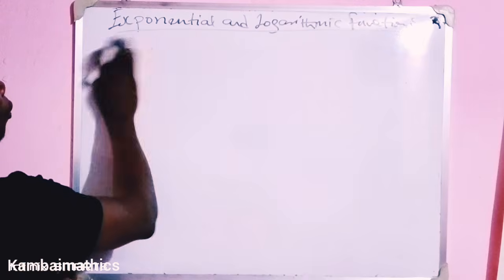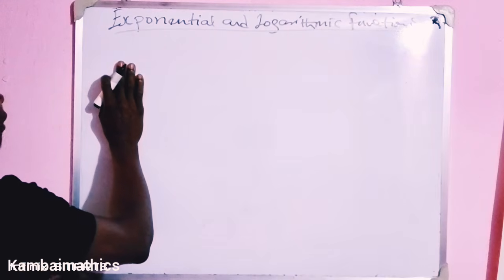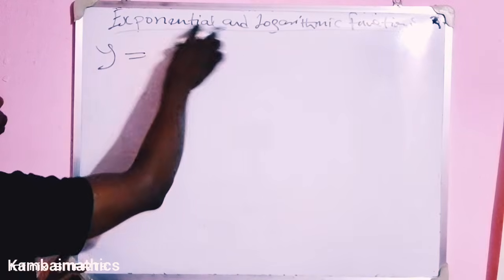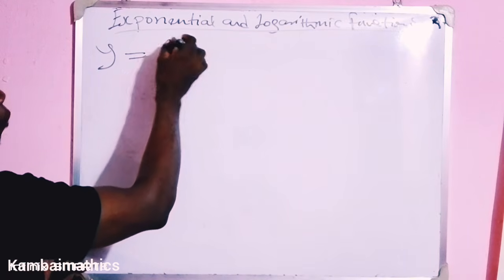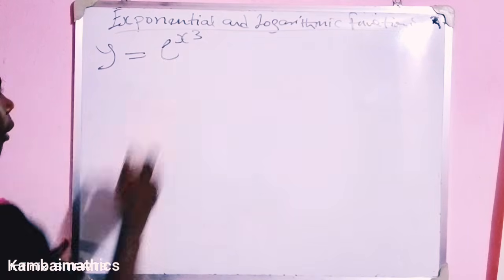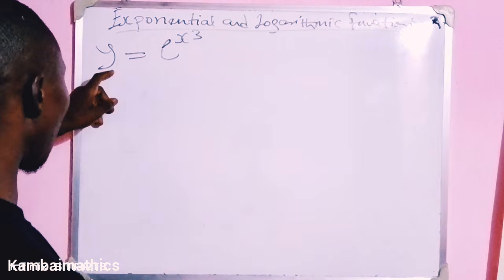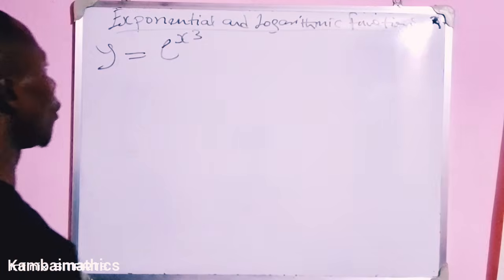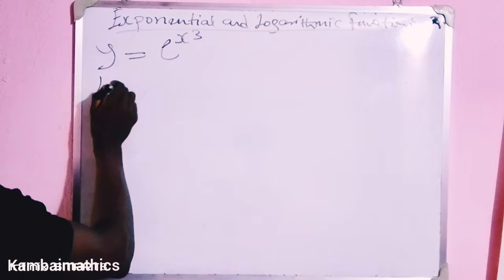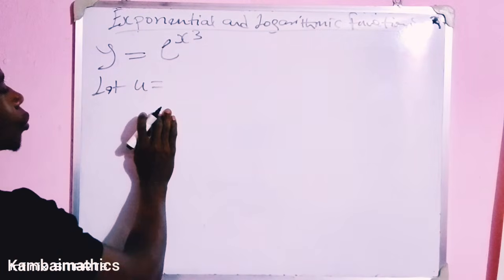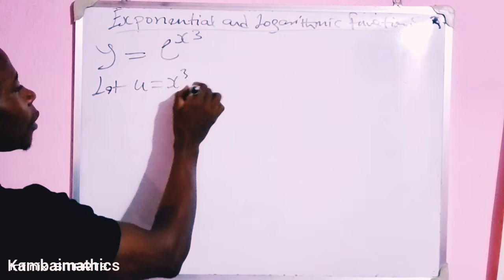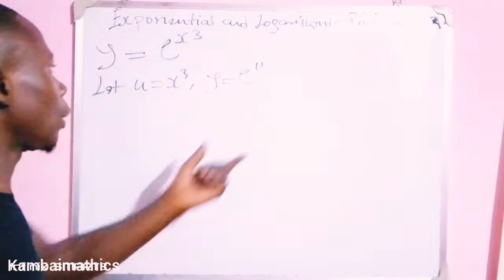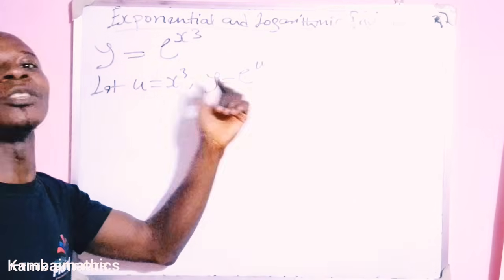Here, let's say you have y equals e to the power of x cubed. To solve this, we let u be equal to x cubed. Then y becomes e^u, and recall that whenever you differentiate e^u, it is still the same thing.